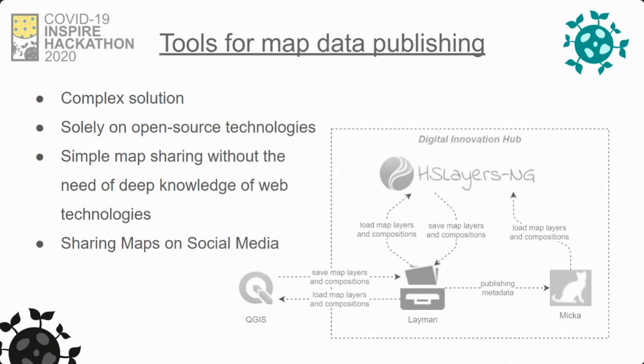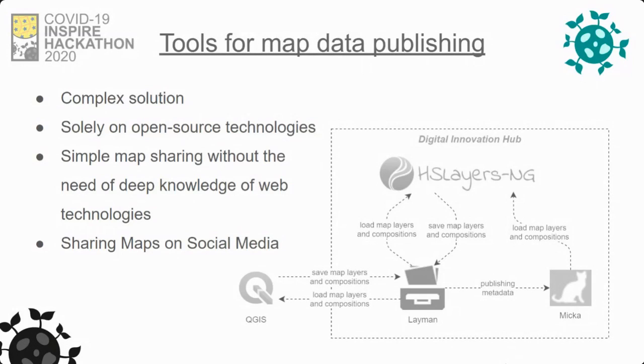We are also focused on the possibility of sharing data without deep knowledge of web technology. You may, for example, know how to work with QGIS, a very popular open source desktop solution, but you don't have infrastructure, or you have never worked with cloud or web tools and are not able to do this normally.